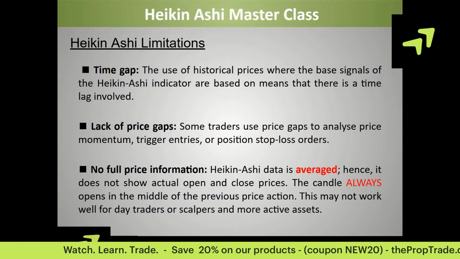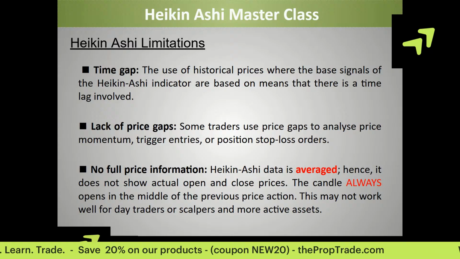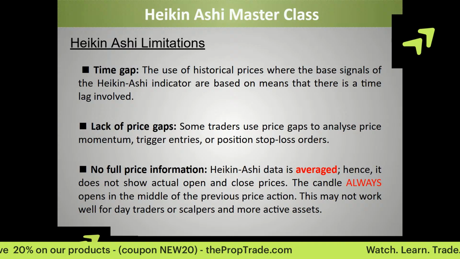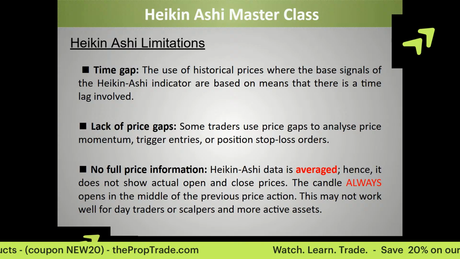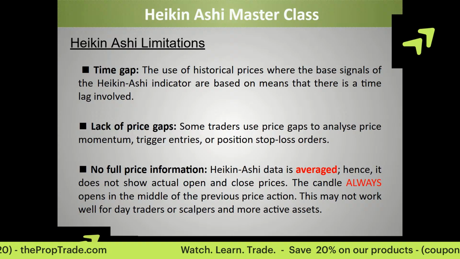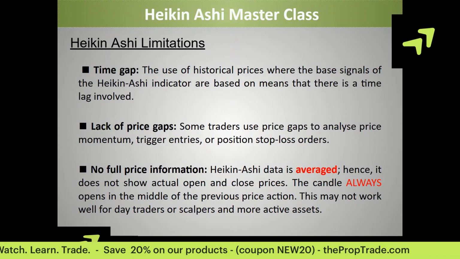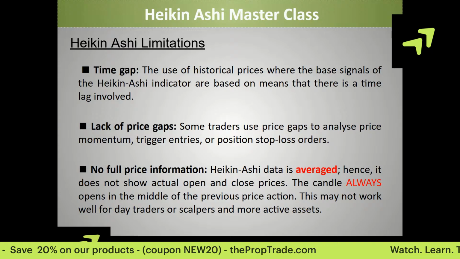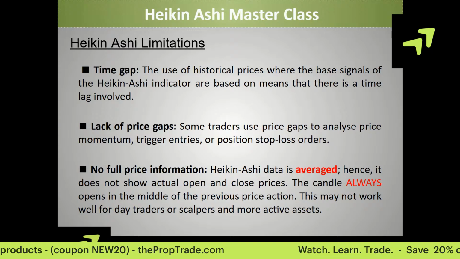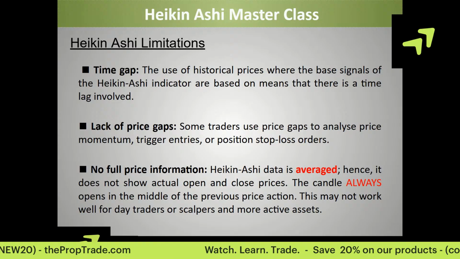You always get a new candle opening at the midpoint of the previous candle, so it's a smooth action. That's one of its benefits. But those of you that use gaps in your trading as either an entry point or a stop loss area, you don't get that with Heikin-Ashi candles, so it doesn't work in that scenario.